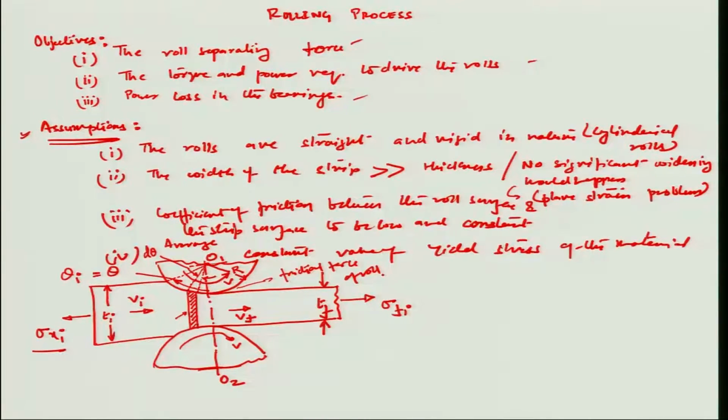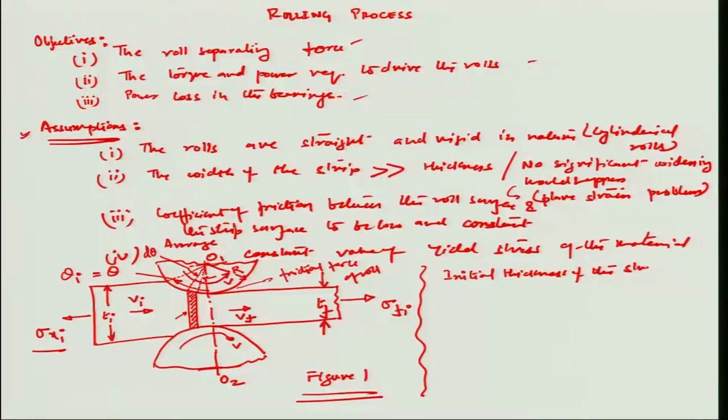So having said that, I will now write down all the geometric details that I have planned in this figure. Let's call this figure 1. The first thing I have written down here is that the initial thickness of the strip is going to be Ti.